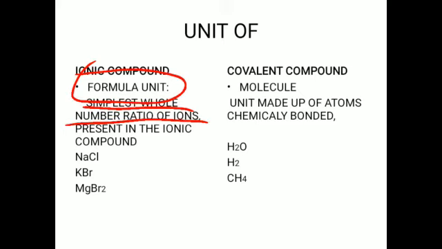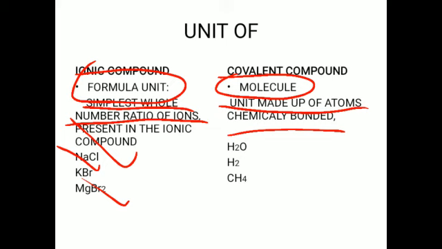For example, sodium chloride, which I showed you, and potassium bromide and magnesium bromide, in which oppositely charged ions are rationalized and the simple whole number ratio is represented in their formula, which is called the formula unit. But the unit of covalent compounds is represented as a molecule. A molecule is made up of atoms chemically bonded by sharing of electrons, as in the molecule of water, hydrogen or methane.